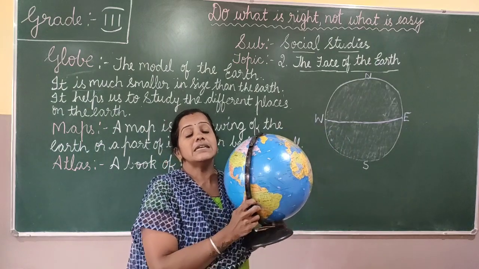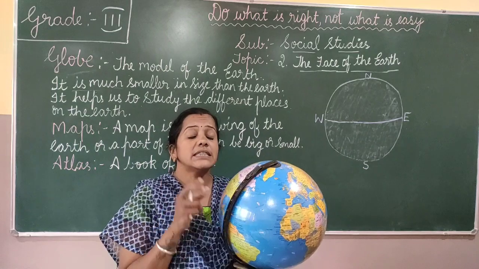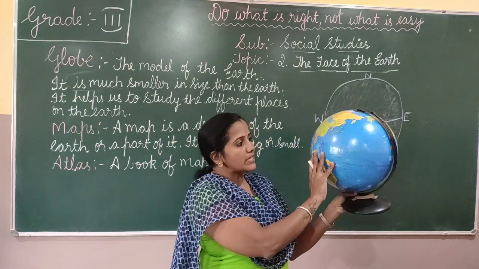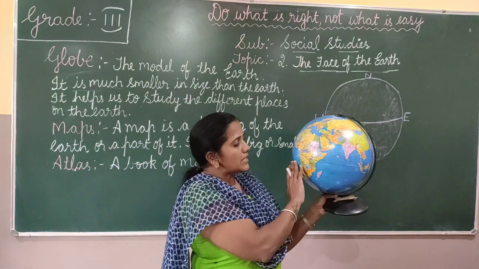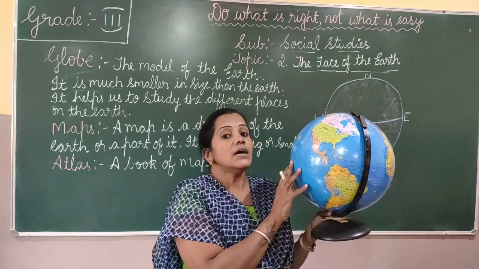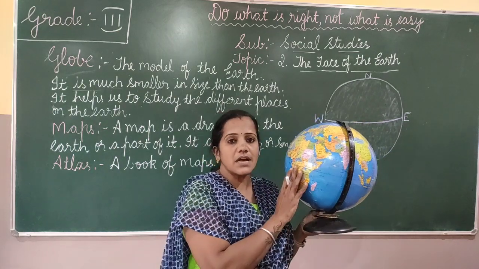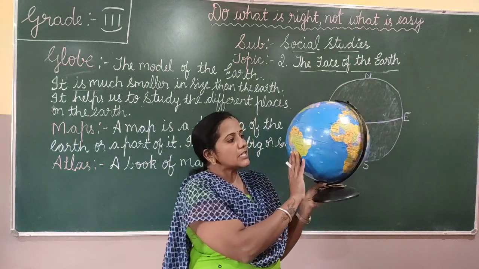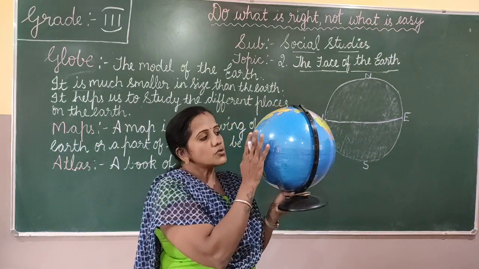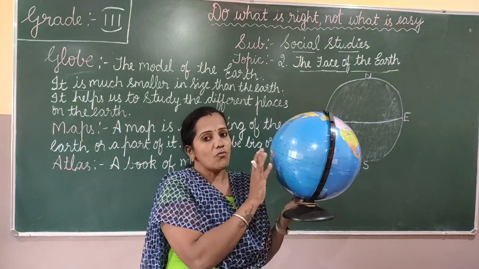You all know that 3/4 of the earth is covered by water. You can see all the blue color here, no? So these are water bodies. 3/4 of the earth is covered by water, and only 1/4 of the earth is covered by land. You can see the blue color is more, is it, children?